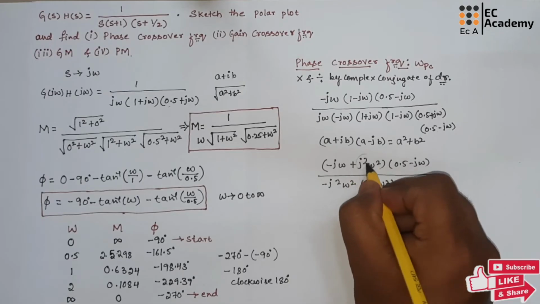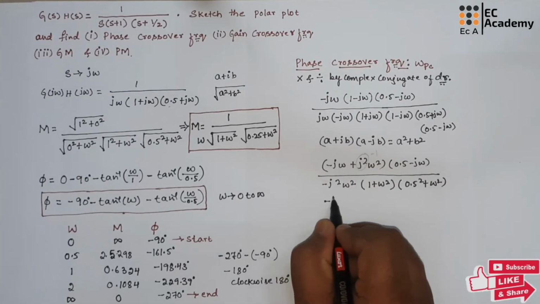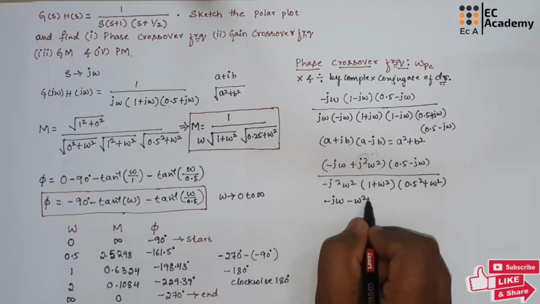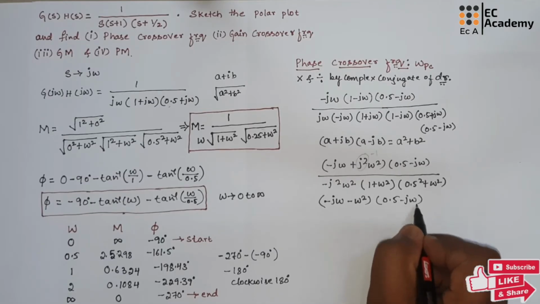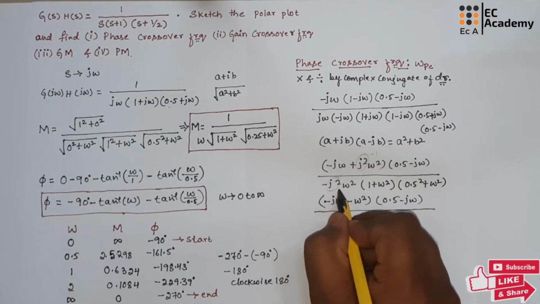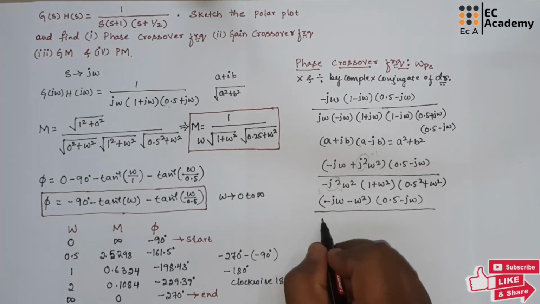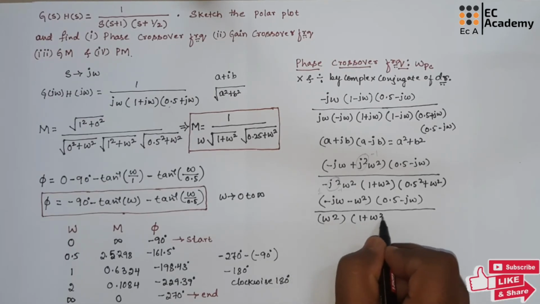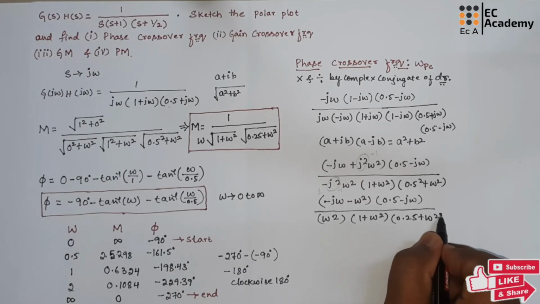Here the j square term is minus 1, so we can write the numerator as minus j omega minus omega square, into 0.5 minus j omega, whole divided by, again here j square is minus 1, so minus of minus will be plus, so this term will become 1. So in the denominator it will be omega square into 1 plus omega square into 0.25 plus omega square.